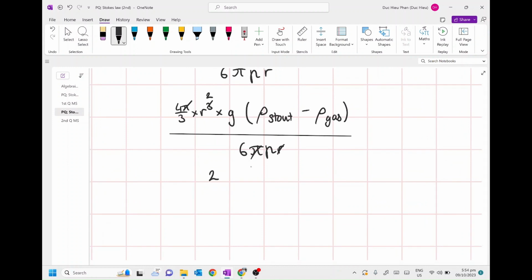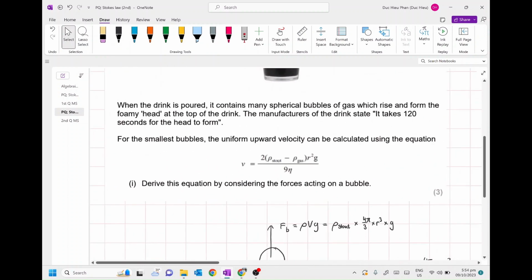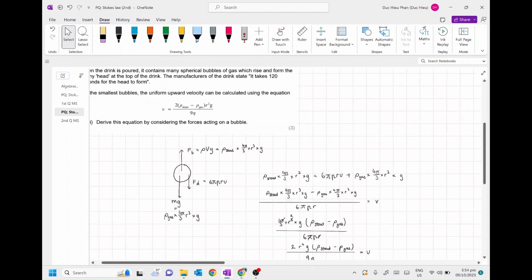But we'll end up with 2 times r squared times g times the density of the stout minus the density of the gas over 9 eta. And voila, that gives us the equation that we're looking for.